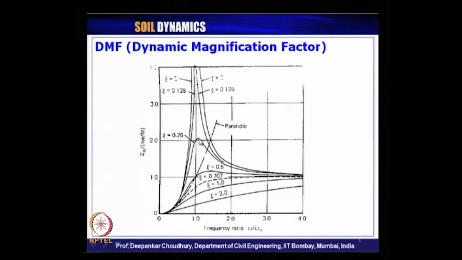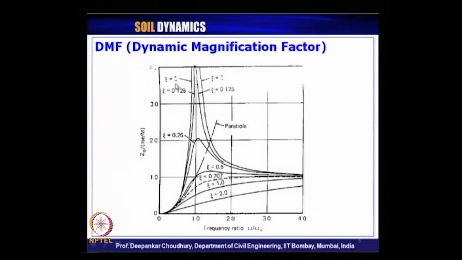And here the peak of the maximum dynamic factor or DMF occurs little after the frequency ratio of 1, that is, frequency ratio little above 1. And when r tends to infinity, the value of that DMF approaches 1, and when r is very close to 0, then the DMF value is also very close to 0. At 0, it is exactly 0.